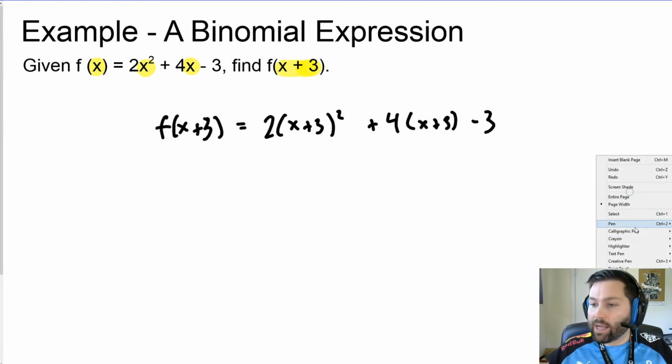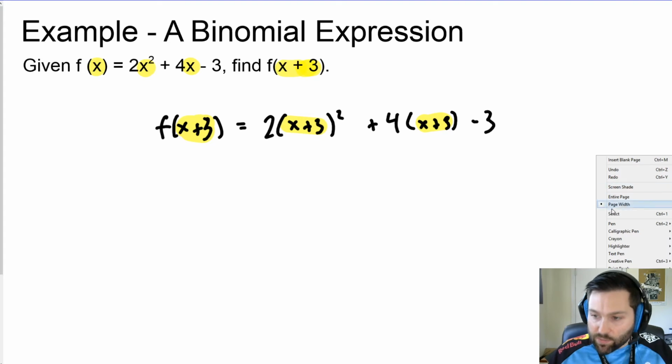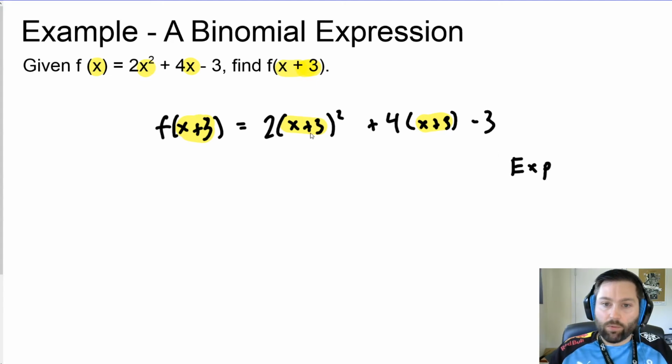So using my highlighter, I can show you that I have done the substitution by writing it in place of the x's in the original equation. And now I need to do exponents first. All right, so exponents. So I'm going to do the exponent step first, which is to take x plus 3 and take it to the second power.